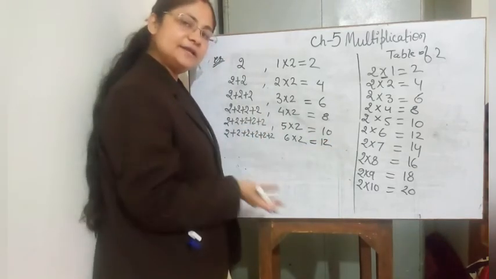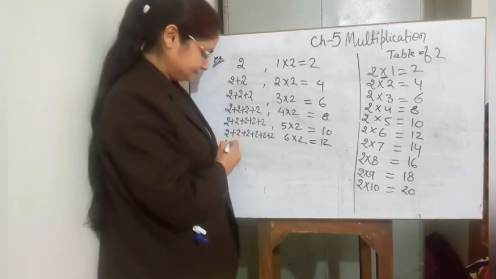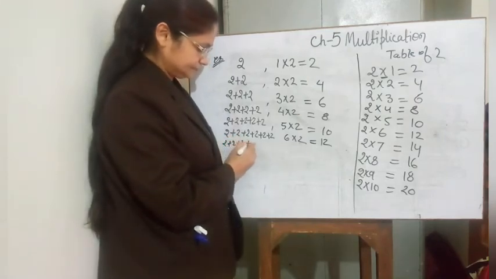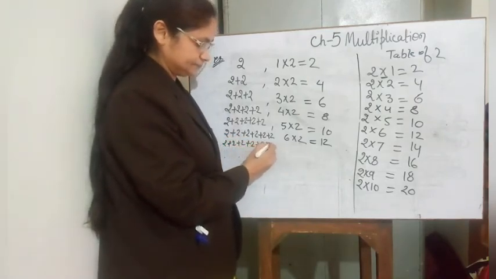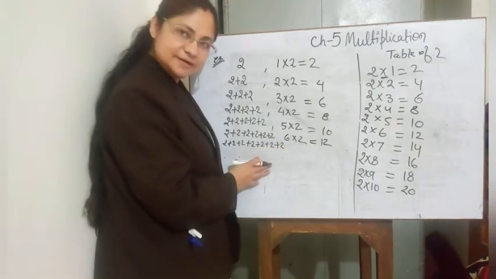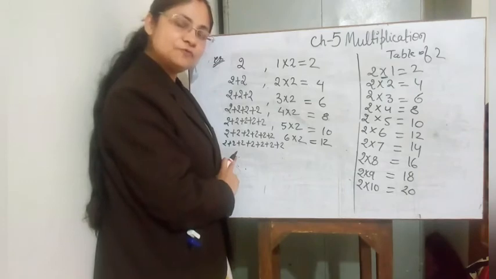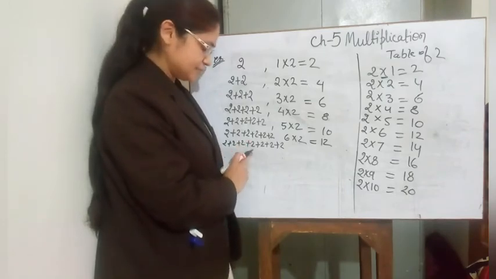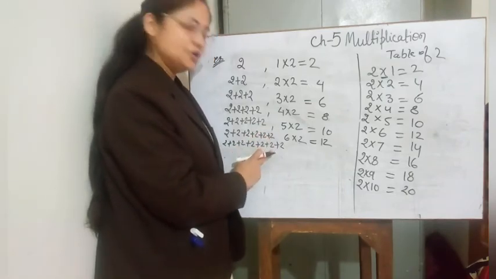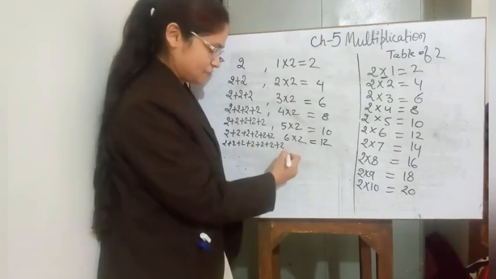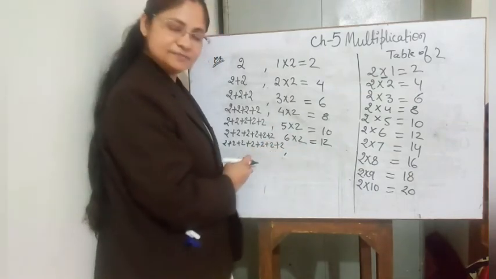Then I am adding this 2 seven times. So it will be 2 plus 2, 4, 4 plus 2, 6, 6 plus 2, 8, 8 plus 2, 10, 10 plus 2, 12, and 12 plus 2, 14. So how many times is this? 7.